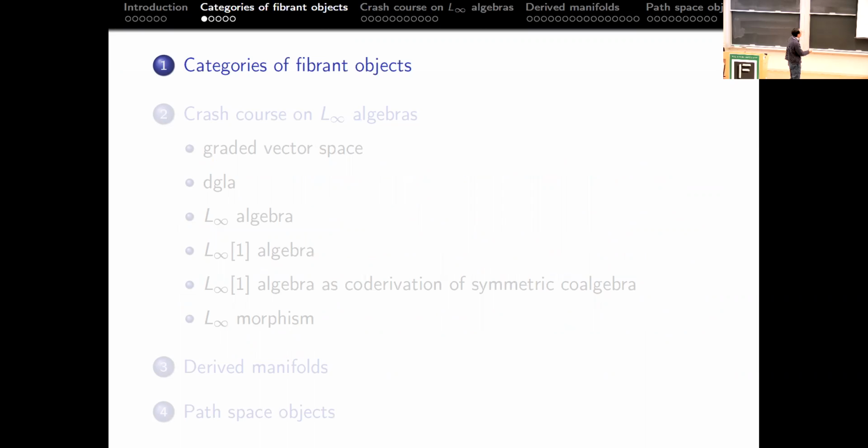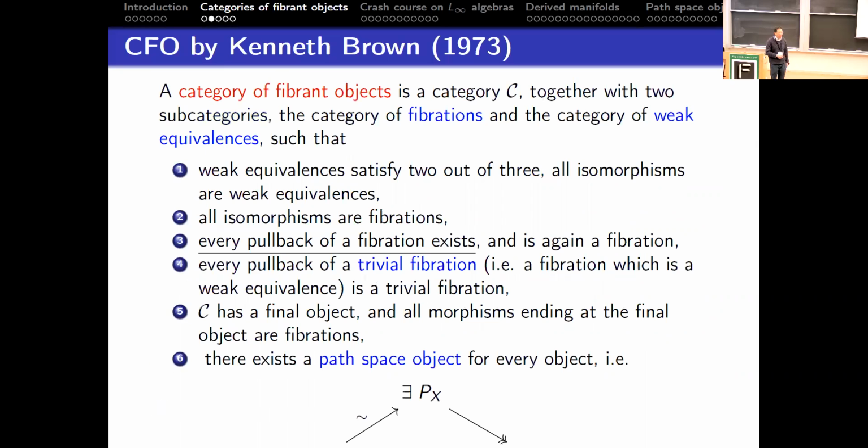Before I talk about it, let me mention a little bit the category of fibrant objects, CFO, and I just noticed this is related to quite a lot of people from Cornell, right? I noticed. There are a lot of people, Brown, but he is from Cornell.